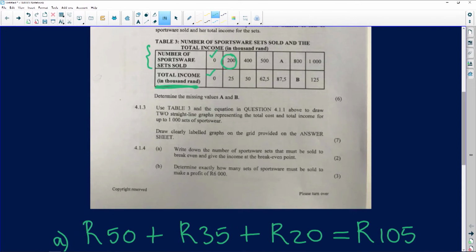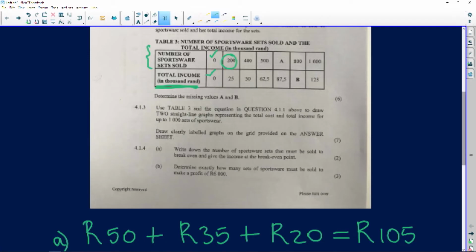In order for us to calculate our values of A and B, we need to find the relationship between the income and expenditure. We need to find the relationship between the number of items versus the income that we are going to have. So let's go and see the type of relationship that we do have. How do we find the relationship?